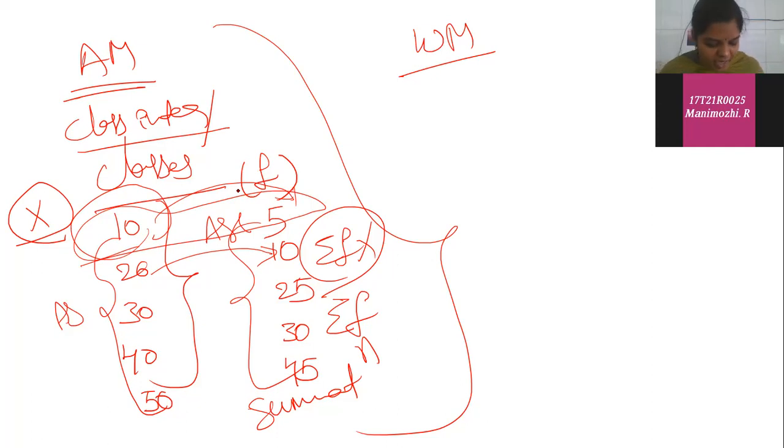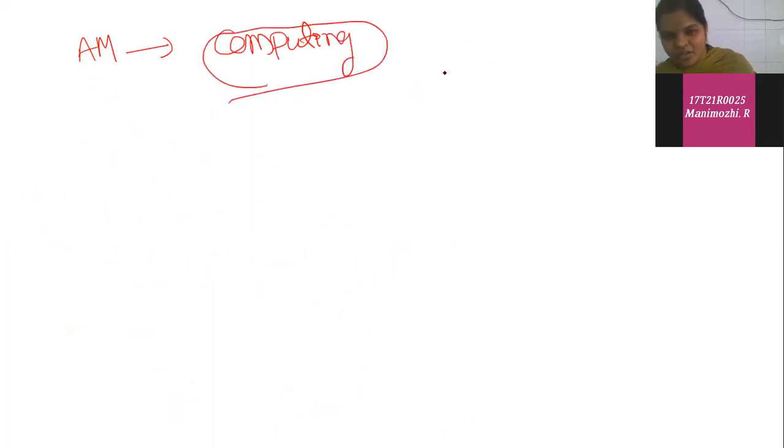Just write down: for computing the arithmetic mean. Computation is nothing but calculation; whatever it is, you can write it down.